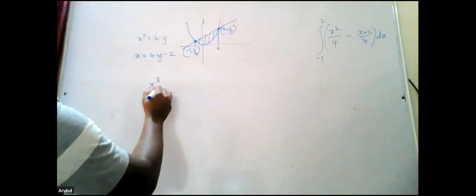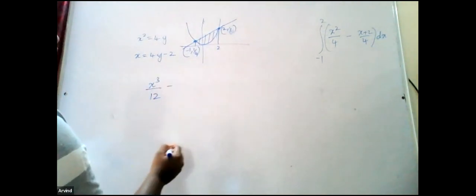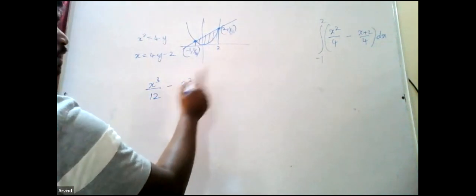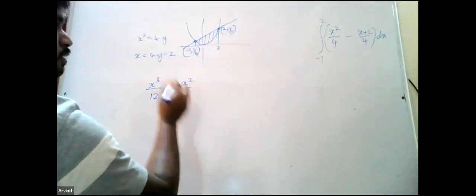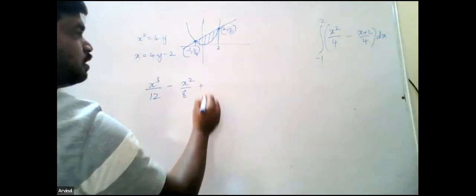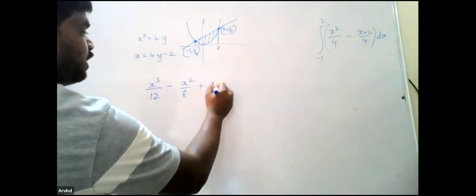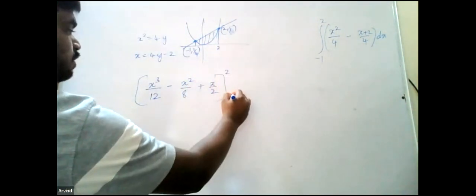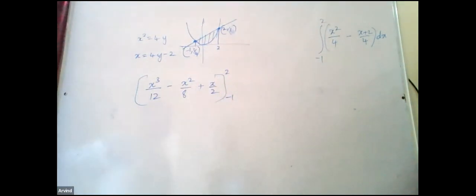So x cube by 12 minus, if you do that, x square, I'll split it, x square by 8, plus x by 2. Okay, once you integrate it, this is what you get. The limit is from minus 1 to 2.